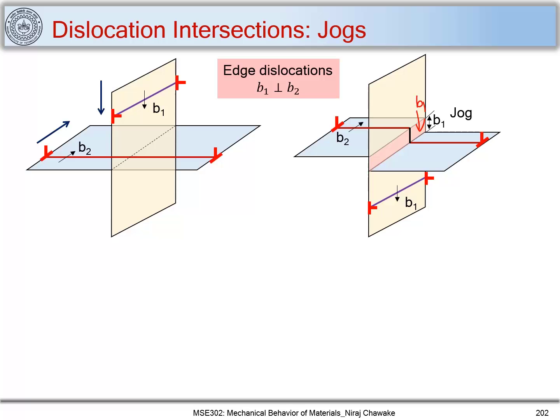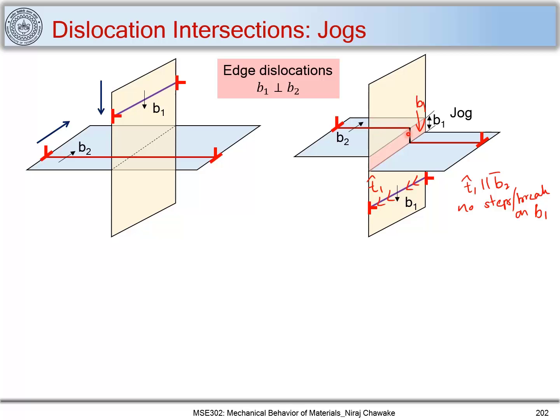So let's mark the tangent vector for B1. This will be tangent vector T1, and this T1 is parallel to B2, and thus there will be no steps or break on this dislocation B1. So there will be no steps created on this dislocation.